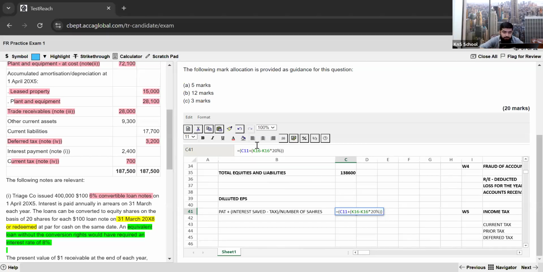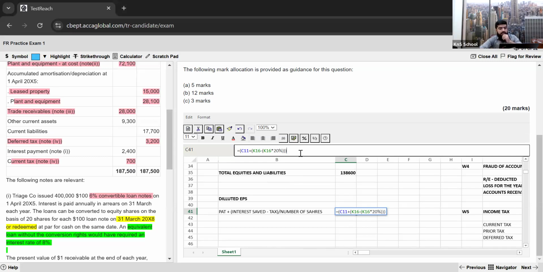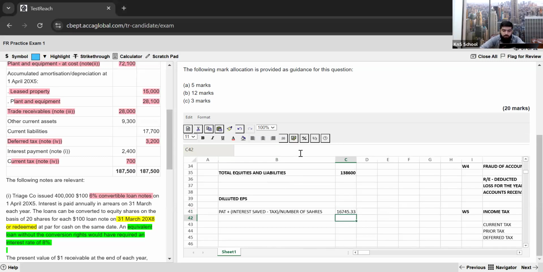And then we are going to deduct the income tax on that particular interest saved. So 16745 is going to be the profit after tax, the profit that will be in future.